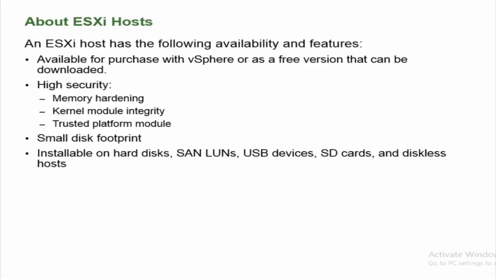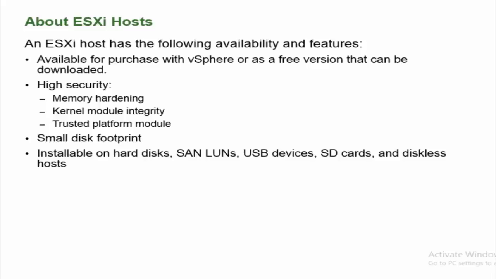Then kernel module integrity. This means the kernel modules, like device drivers, should be digitally signed by VMware. It will not allow installing any other device driver if it is not certified by VMware.